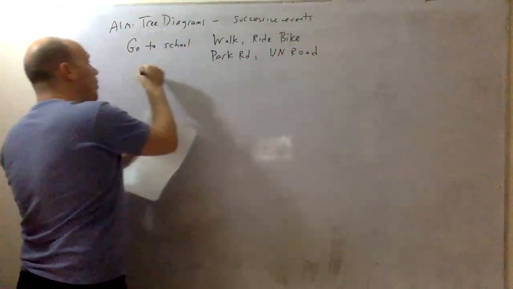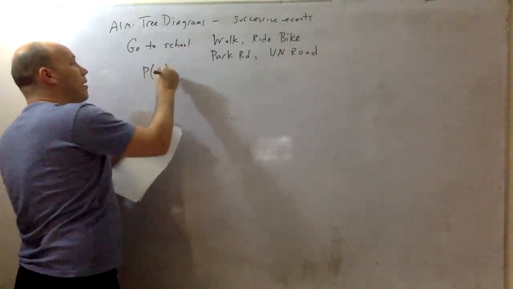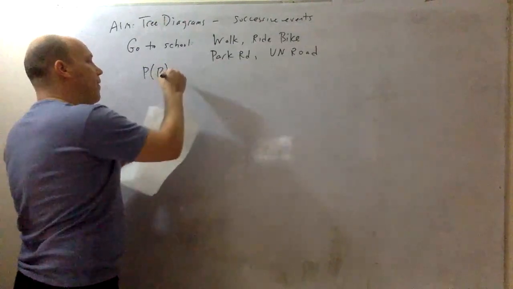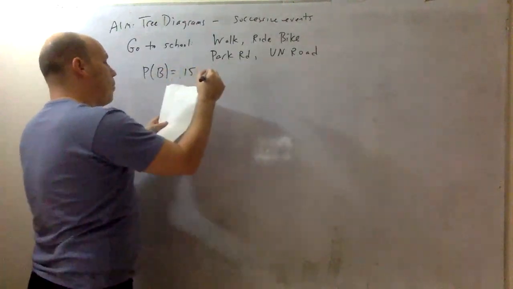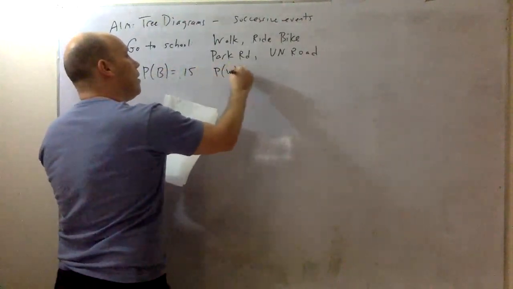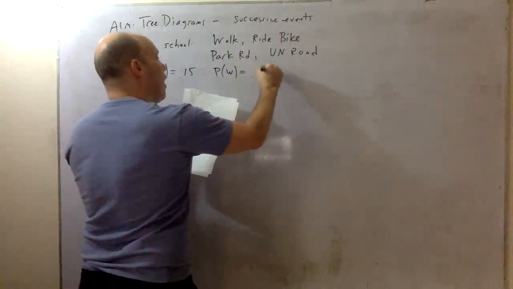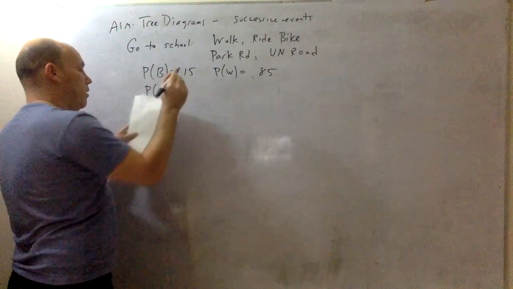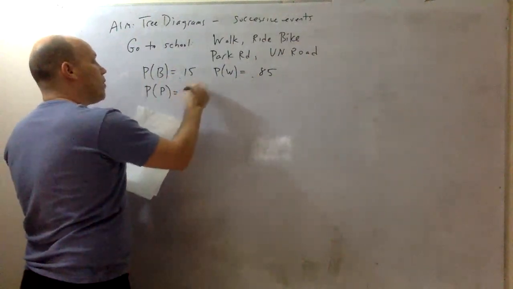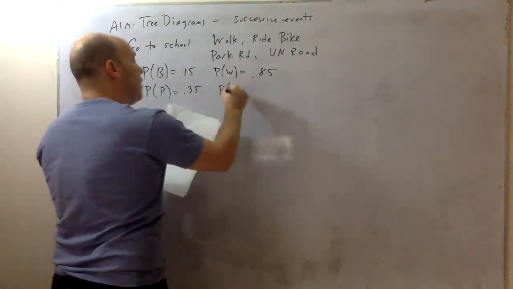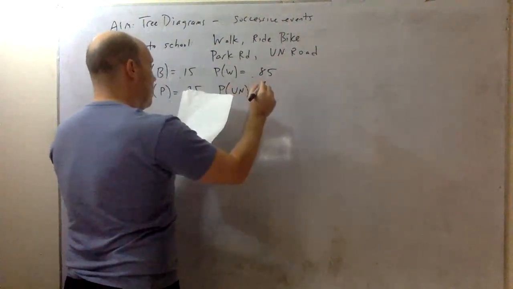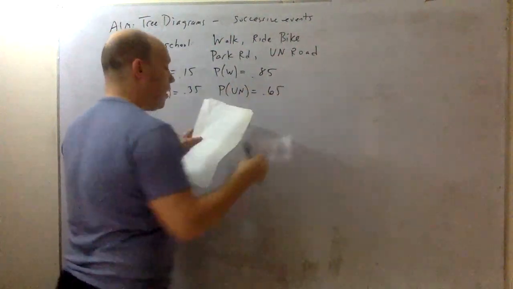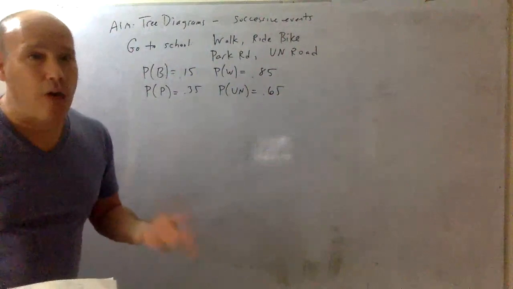The probability that you ride your bike is 15%, and the probability that you walk is 85%. The probability that you take Park Road is 35%, and the probability that you take UN Road is 65%.